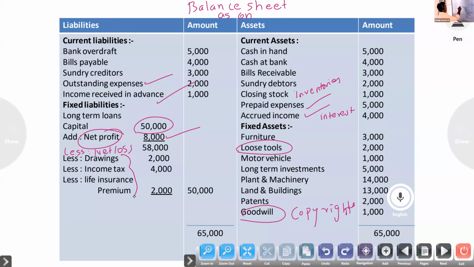Capital add net profit; if it is net loss, you have to minus. If any drawings is there, you can minus. Then the final amount goes in the outer column.